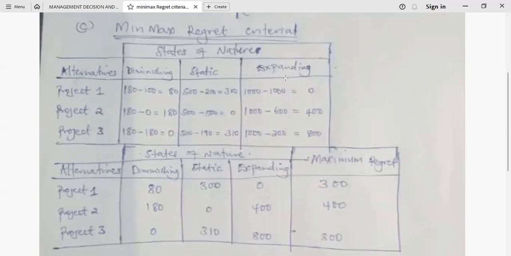That's one of the key items that I need to mention to you, because if you don't look at the states of nature, then you'll get it wrong. Then the second thing that you need to note is that we need to draw a regret table. It's the first thing that we need to do. Those two things are important. You look at the states of nature, and at the same time, you draw the table. The table is only drawn if you have looked at the states of nature.